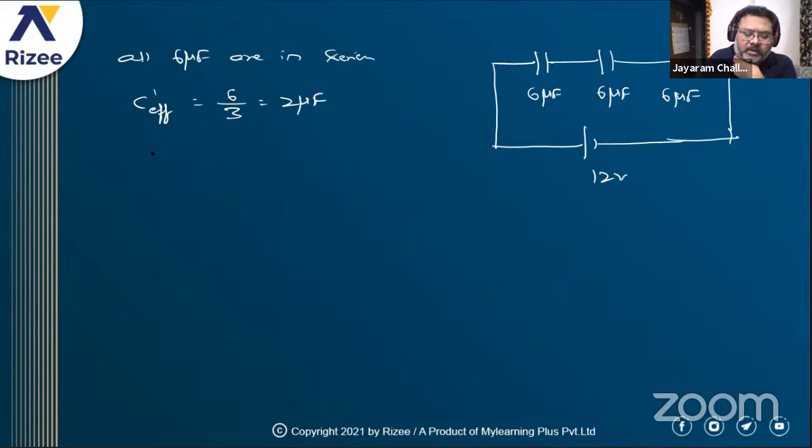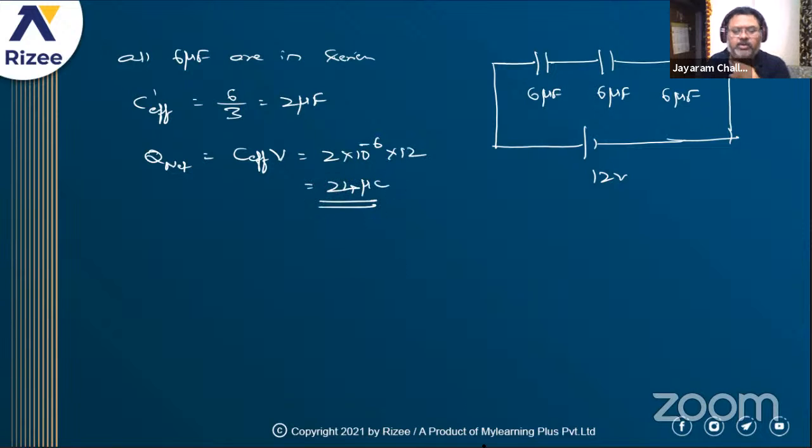From this, the net charge flowing in the circuit can be written as Q, which is C effective into applied potential difference, 2 into 10 to the power of minus 6 into 12. That comes out to be 24 microcoulomb. This is your total charge or the net charge.